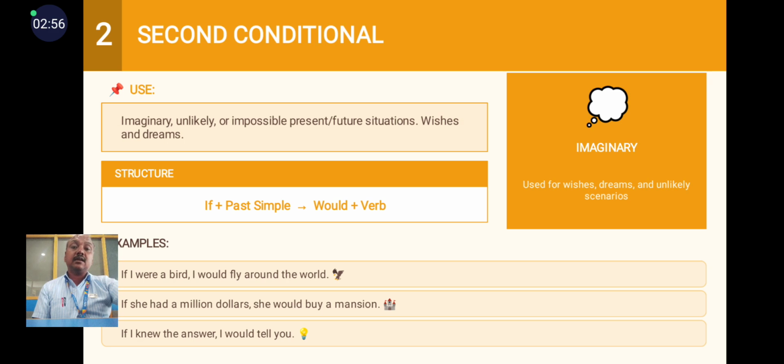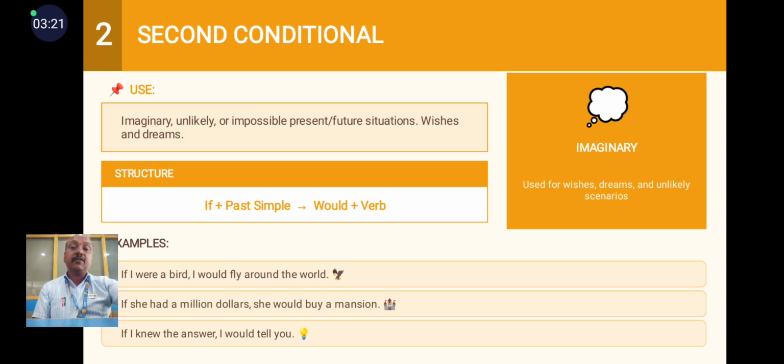The second condition's use is for imaginary, unlikely or impossible present or future situations, wishes and dreams. The structure is if plus past simple in the if clause, and in the main clause would, could, or might plus the first form of the verb.